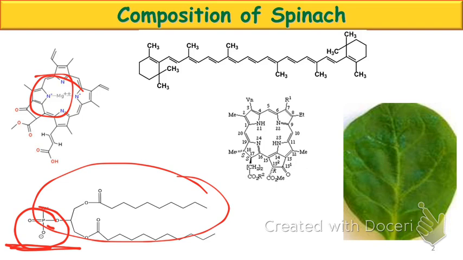Those of you in biology, tell me what that bottom structure is. What does that look an awful lot like? A phospholipid. Where do we find phospholipids? Cell membranes, okay? Like the cell walls of the spinach plant. We don't want that. We want the things on the inside, okay?